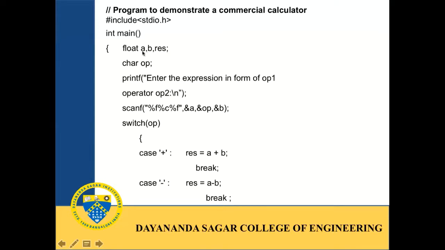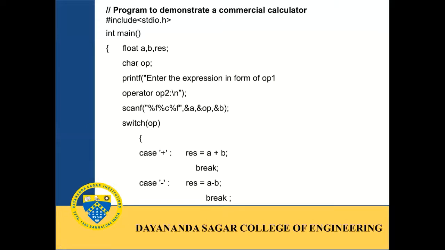So we have declared 3 variables, a, b, and res, as those variables which are of the type float. So float here is the data type of the variables a, b, and res. Then we have one more variable op, which is of the type char.